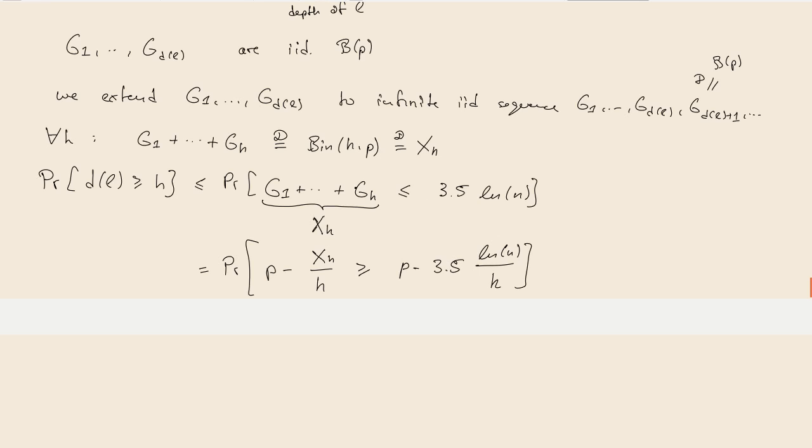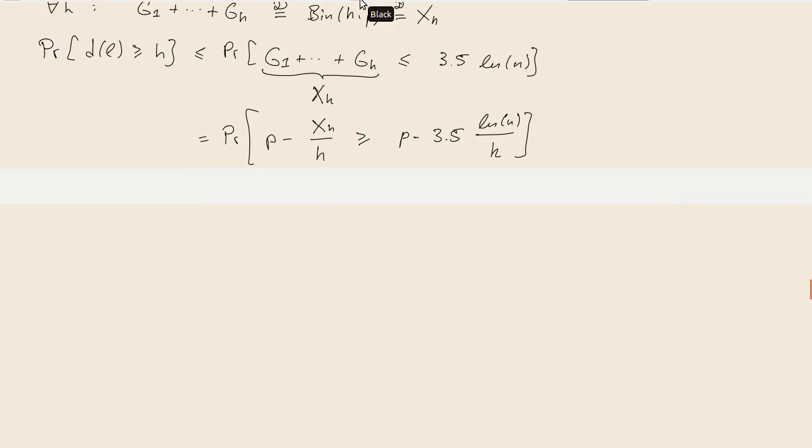Okay, that's just an algebraic reformulation of this inequality, which leaves the probability unchanged. The next step is to add absolute value bars here, which means that inside we can also exchange these two. And we call this thing delta.